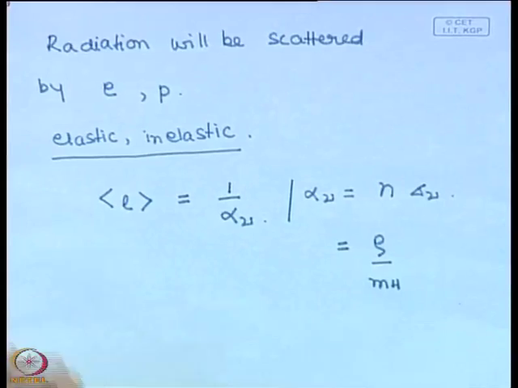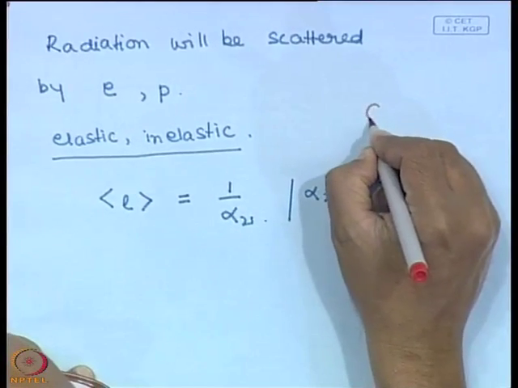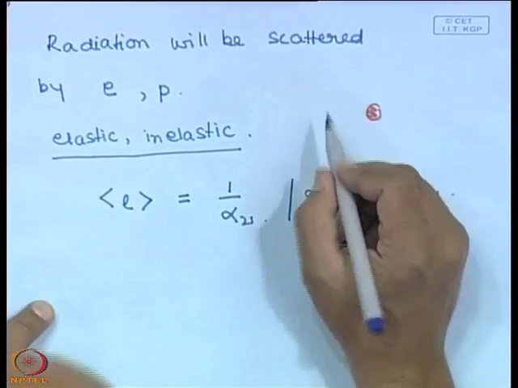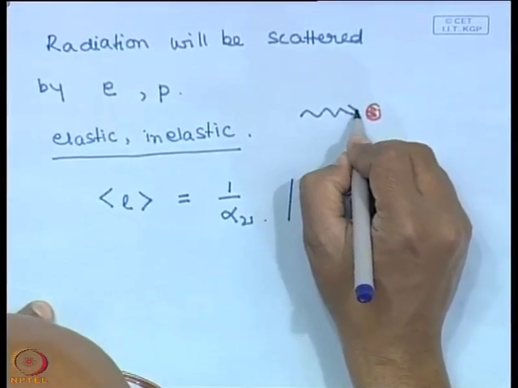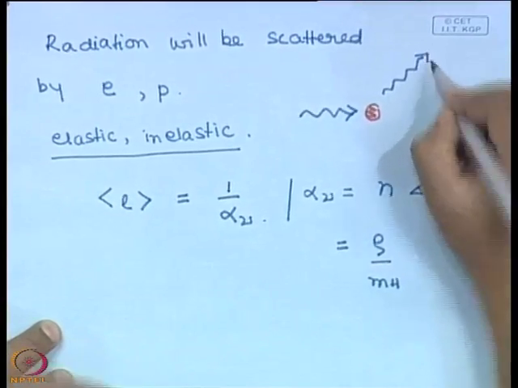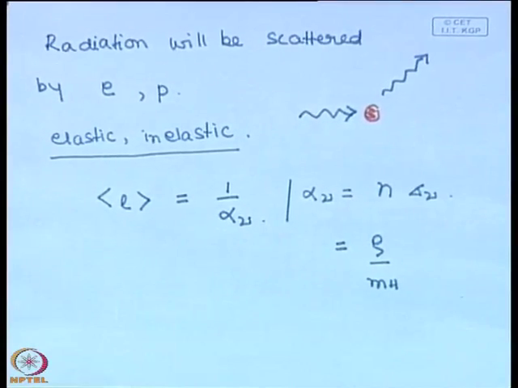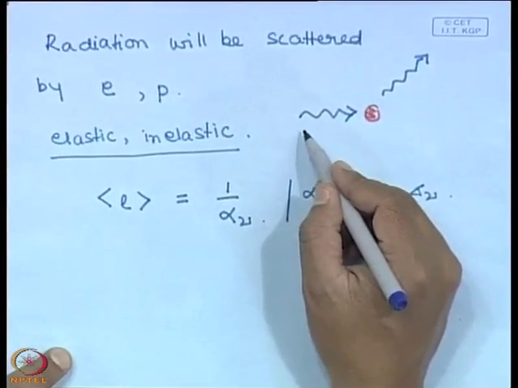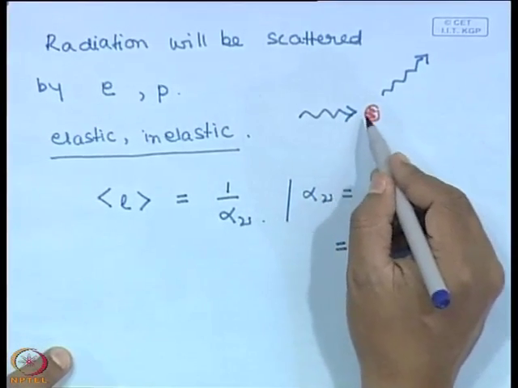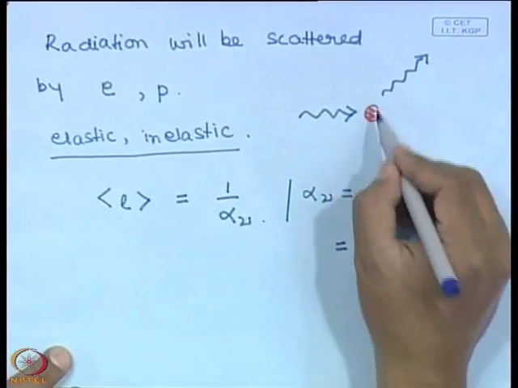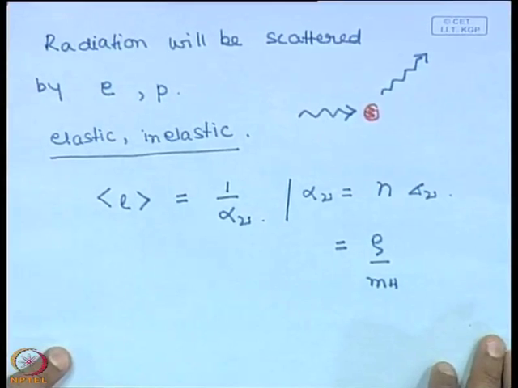In Thomson scattering what happens? Let me draw a picture. So, in Thomson scattering, this is my electron, the radiation incident on this is scattered into some other direction, and you can treat the electron as oscillating because of the incident electromagnetic radiation's electric field, and then calculate the dipole radiation from that oscillator. That is Thomson scattering. Okay.